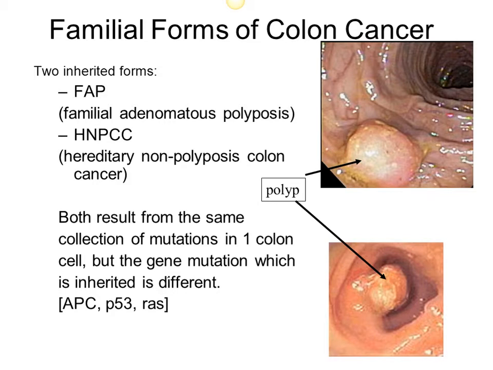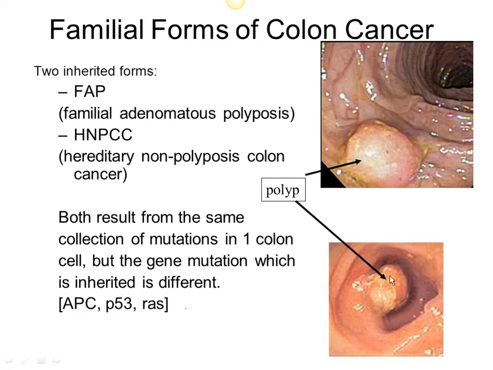And then the second hit, the second mutation, is sporadic in just one cell. So that should remind you a little bit about retinoblastoma. The HNPCC, you inherit a mutation in a DNA repair gene, which ultimately leads to lots of mutations in a lot of your cells, including mutations in these genes.